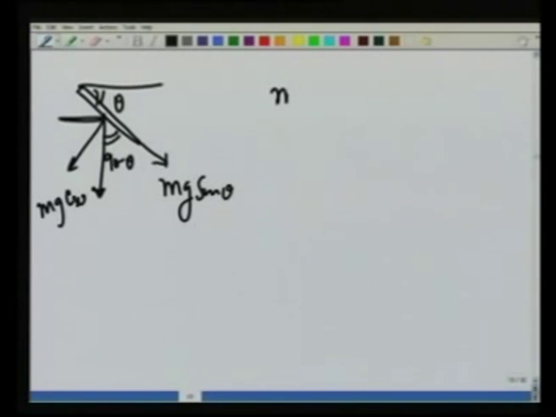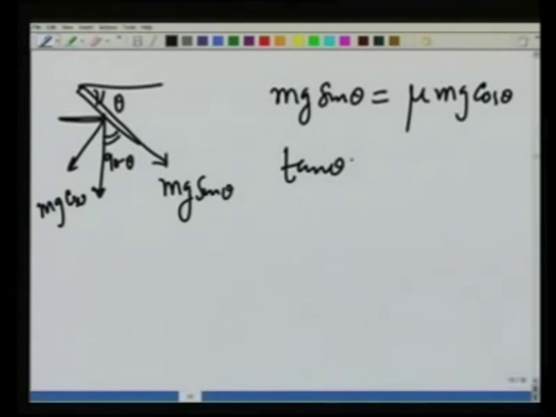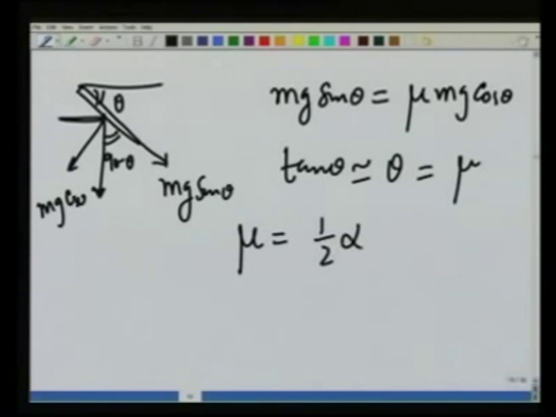So, if mg sine theta roughly becomes mu times mg cosine theta, then the body is going to slip off my hand, and therefore, I can write tangent theta roughly equal to theta for theta small equals mu. So, when mu equals 1/2 alpha tau square, this booklet is going to slip off.